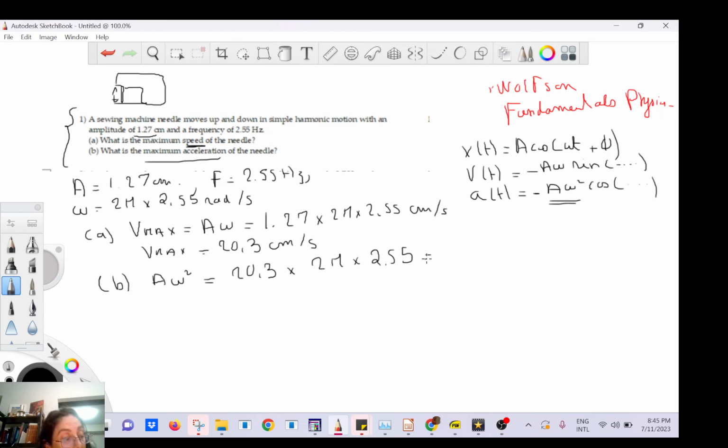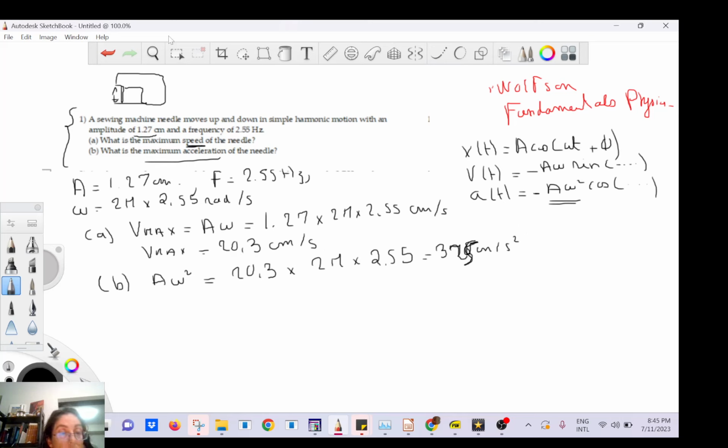You get, no, 225 centimeters per second squared. You have to do it to check on your own.